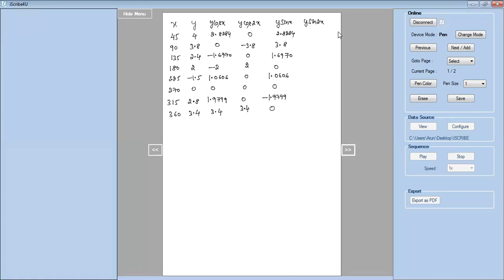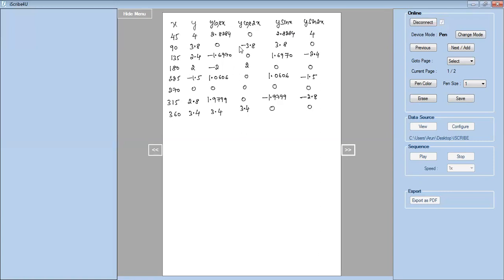So these are the values of y sin x, and finally y sin 2x. So y sin 2x values are 4, then 0, minus 2.4, 0, minus 1.5, 0, minus 2.8, and 0. Right? So use calculator, keep it in degrees and calculate this.